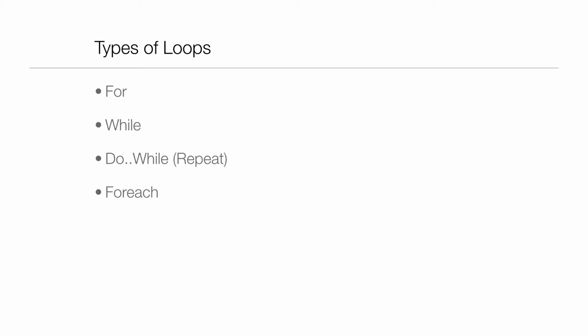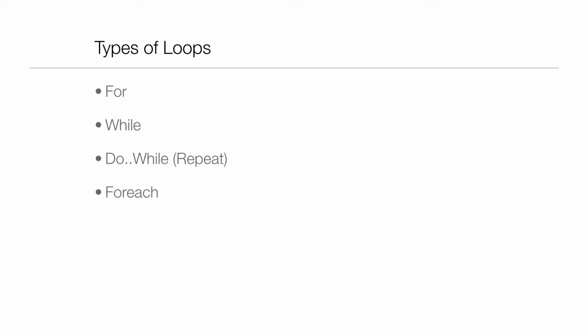There are 4 main types, and we're going to concentrate on 3 at the moment: for loops, while loops, and do while loops. In some languages, the do while is called a repeat loop. Pascal is one off the top of my head. There may be others. There's also a for each loop, which is a simplified version of a for loop.